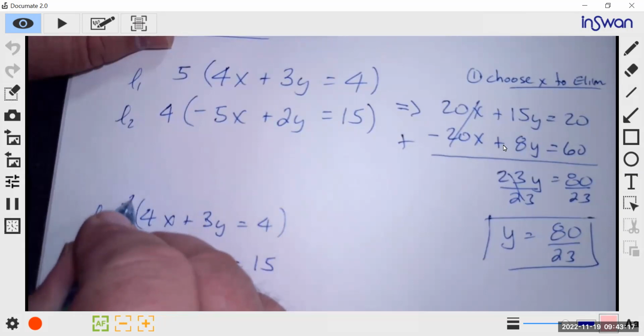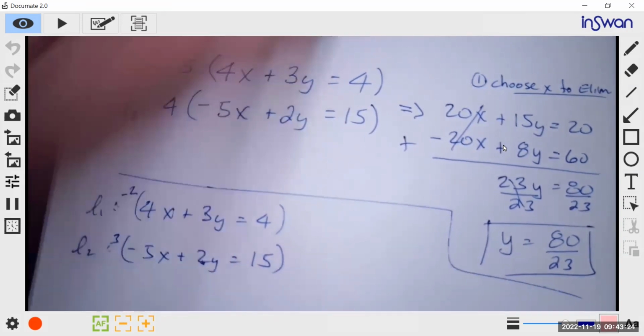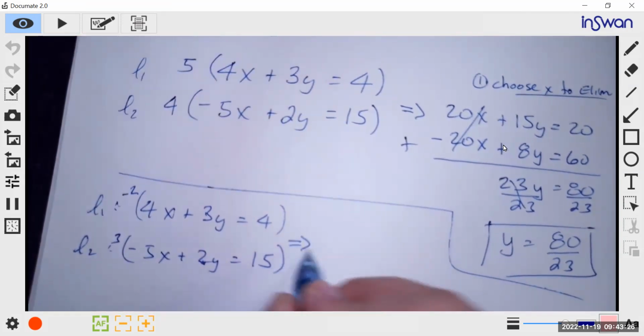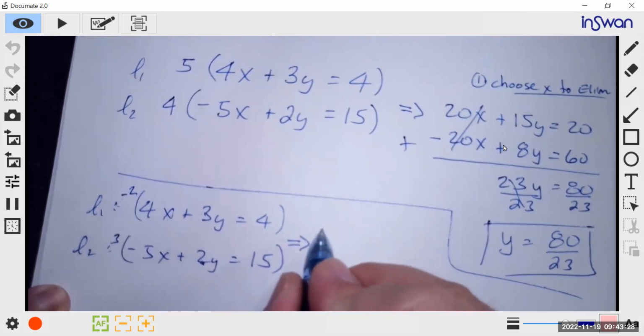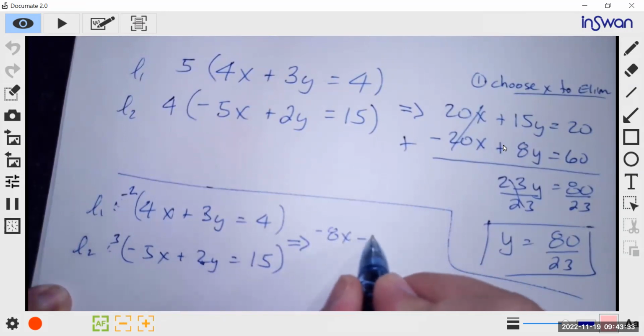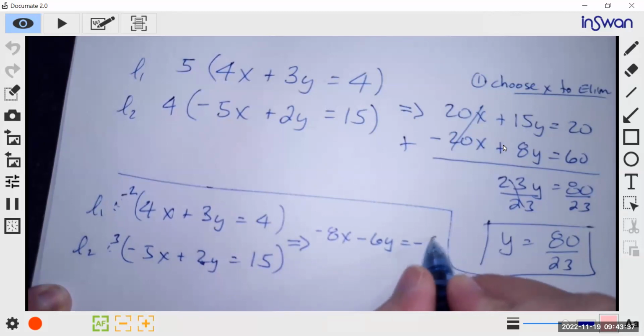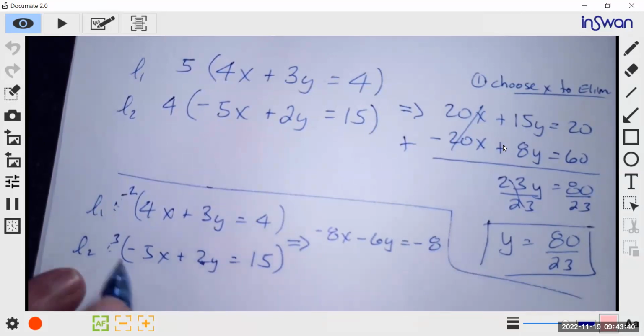So if I multiply by negative 2 in that one and a positive 3 here, negative 2 times 4 is negative 8x, negative 2 times 3 is negative 6y, negative 2 times 4 is negative 8, so negative 8. Negative 2 times 15 is negative 30. Positive 3 times 5 is 15, 3 times 2 is 6, so 6y equals 45.